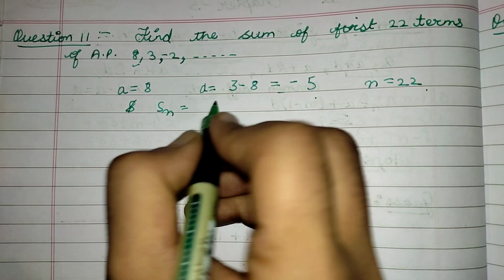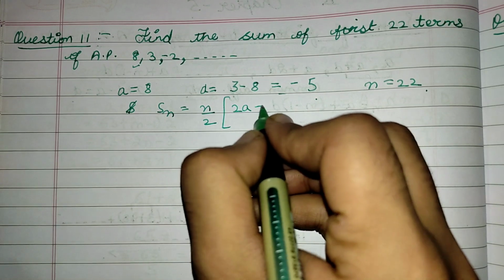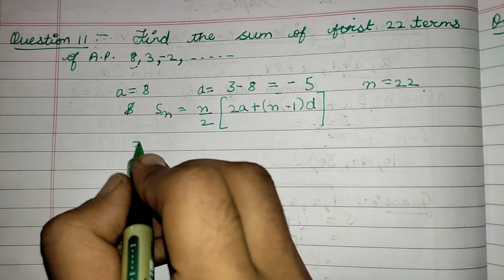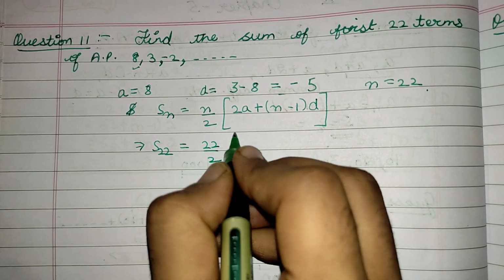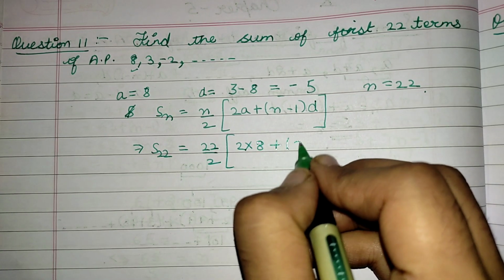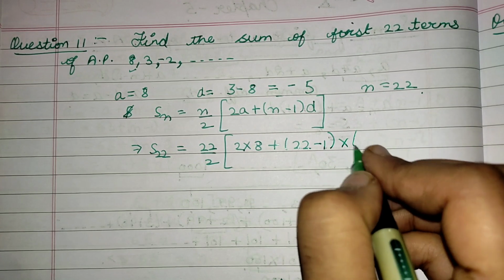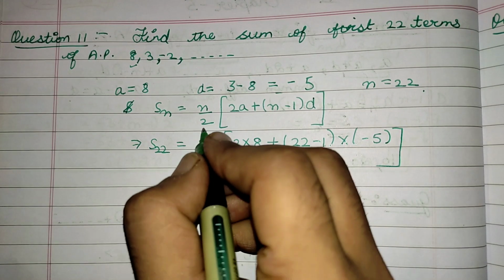So write down the formula. Sn is equal to n by 2 into 2a plus n minus 1 into d. So n is what? N is my 22. 22 by 2 into 2a. A is my 8 plus n is my 22 minus 1 into d. What is d? D is my minus 5. So this and this will get cancelled out.